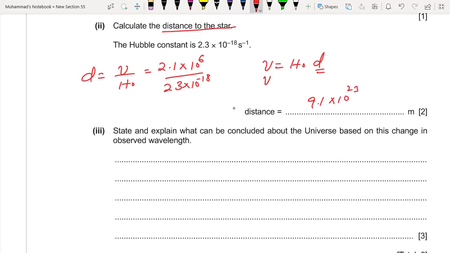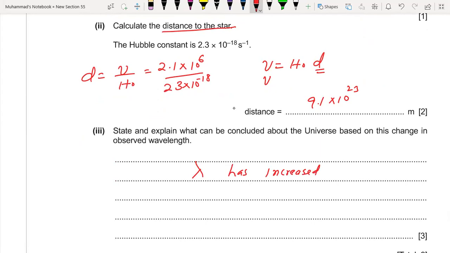State and explain what can be concluded about the universe based on this change in the observed wavelengths. You know that the wavelength over here has increased. Light is redshifted.